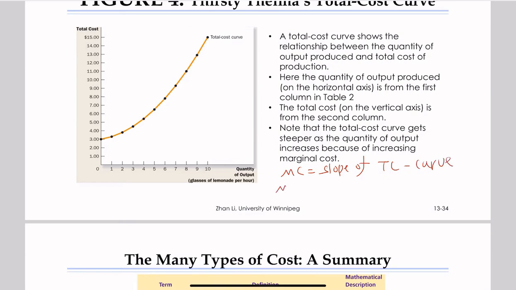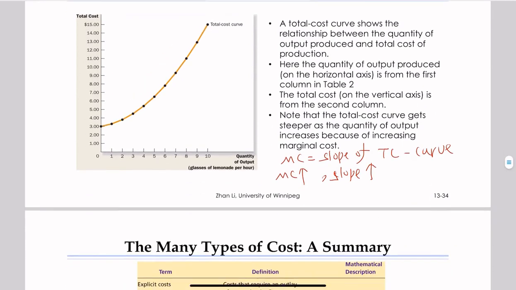And if marginal cost increases as we increase the quantity of output, then we would know that slope should also increase as we increase the quantity of output. So this implies that the slope will be larger as we increase the quantity of output. So the total cost curve will become steeper and steeper as we increase the quantity, right?